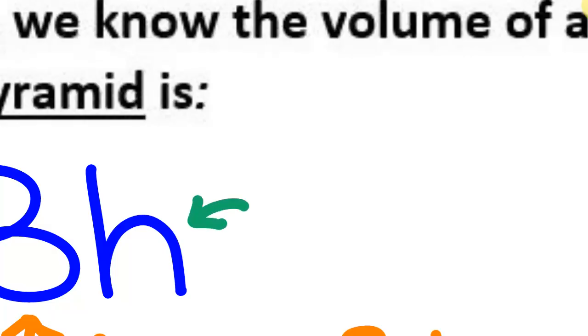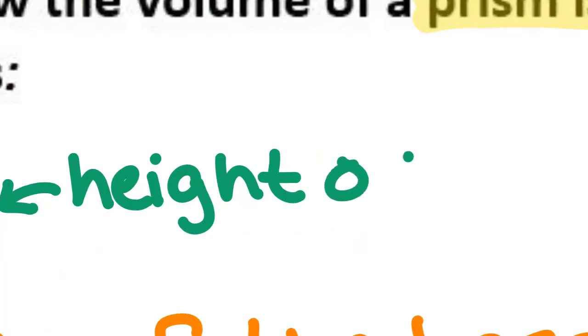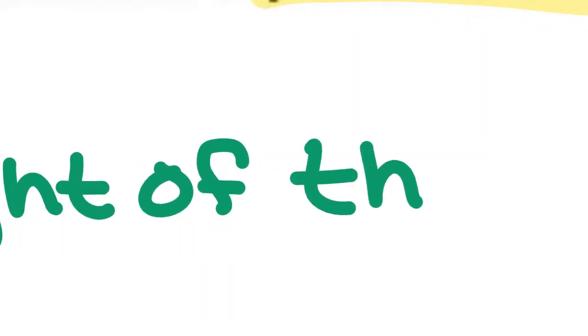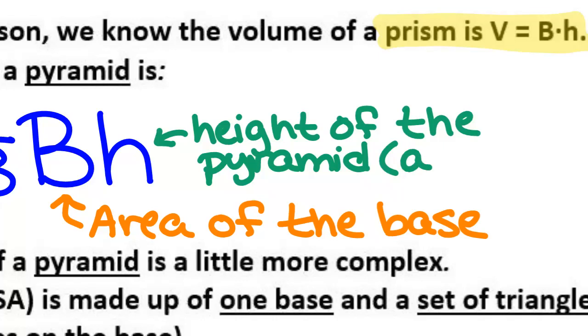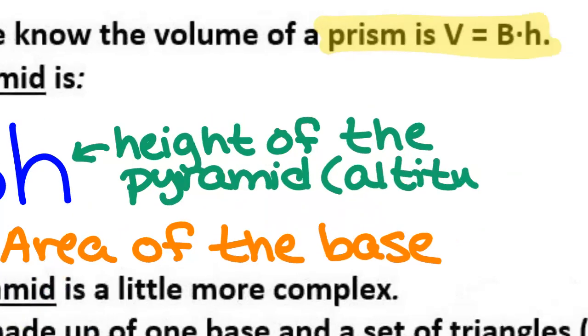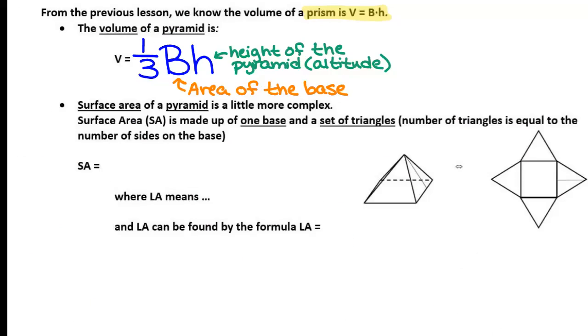H is height of the pyramid, the altitude. One-third area of the base times the height. So exactly what we were doing with our prisms, we will do the exact same thing for pyramids. We will just have the 1/3 in front.